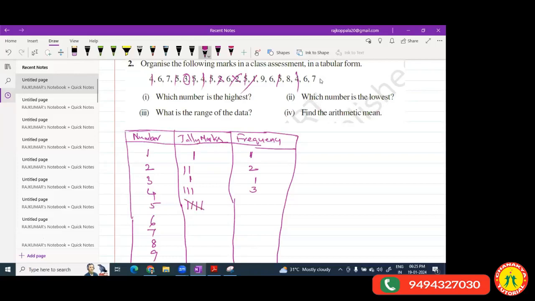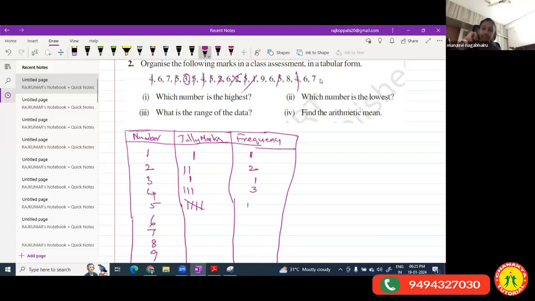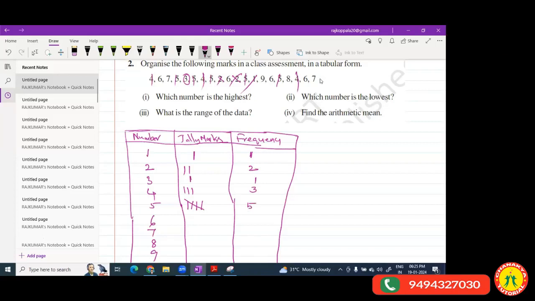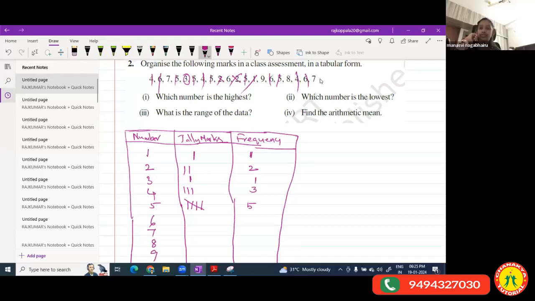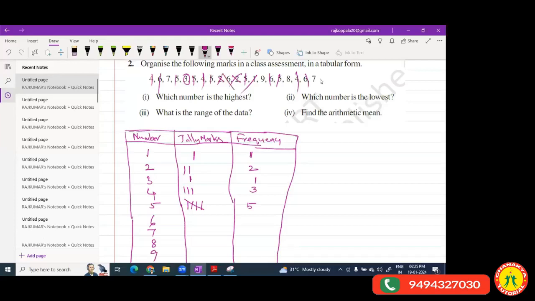That is the tally mark. Understand? Yes, sir. But here the number we will write is 5. 6, how many times? 1, 2, 3, 4 times. We will write 4 here.